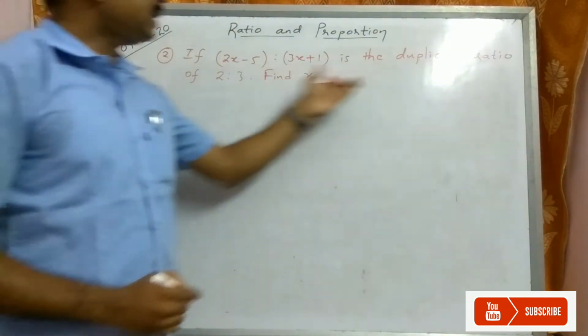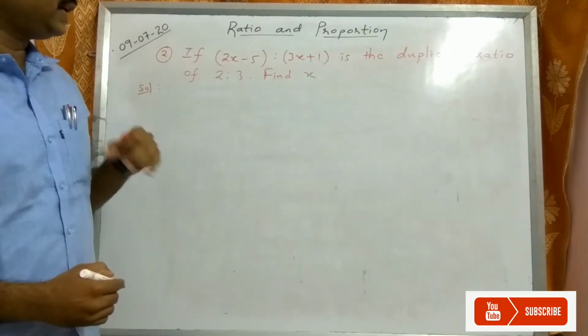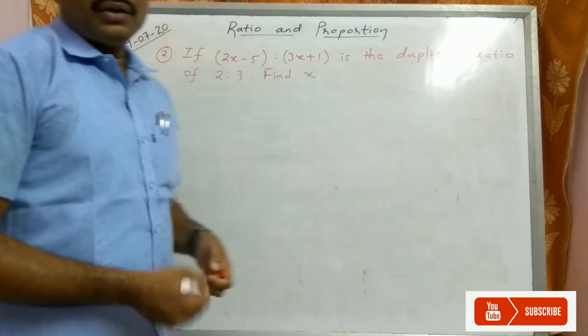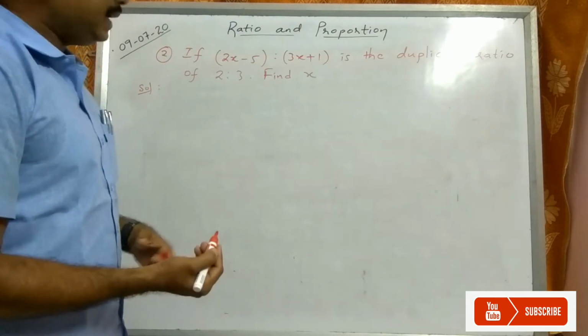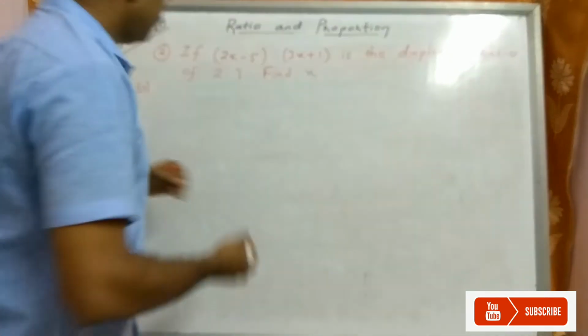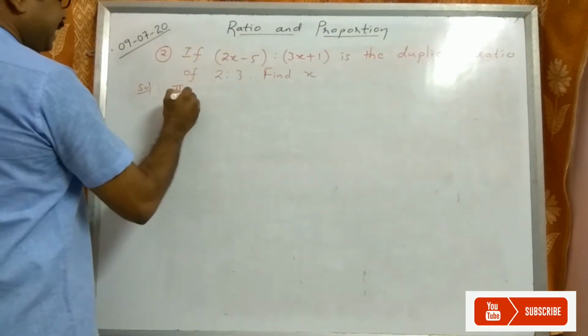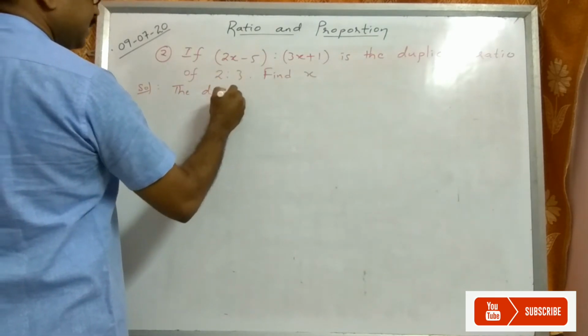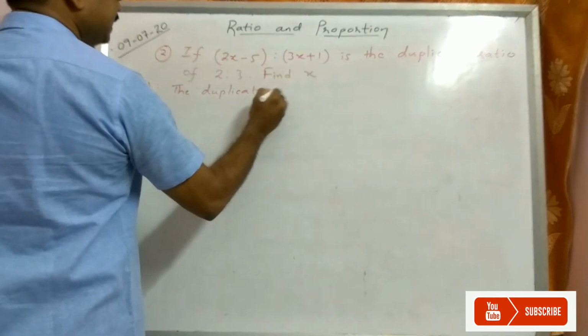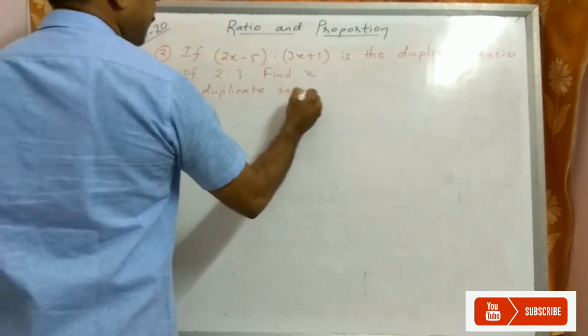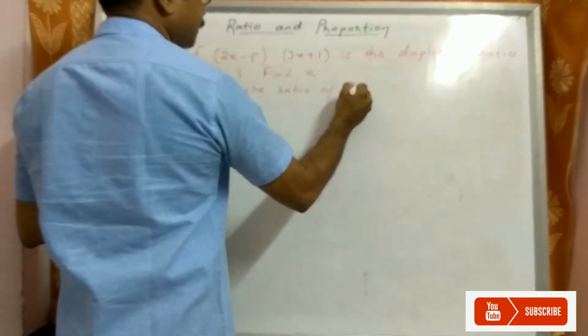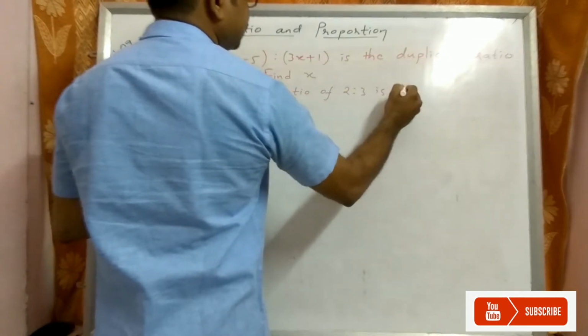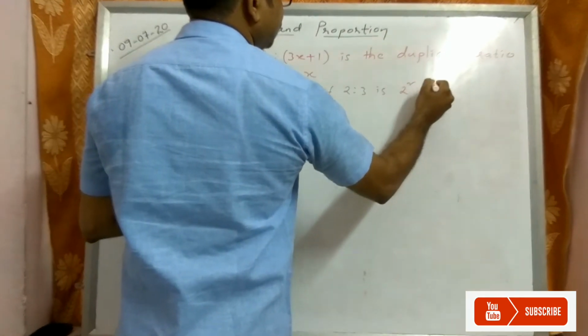By the way, what is the duplicate ratio of 2 is to 3? Already I told you, duplicate ratio of a is to b is a square is to b square. So first you find out the duplicate ratio of 2 is to 3, which is 2 square is to 3 square.